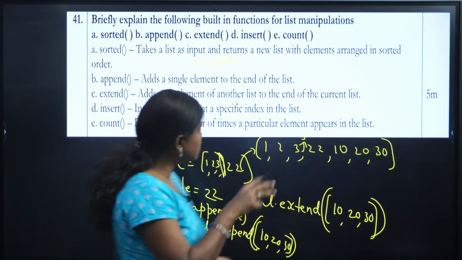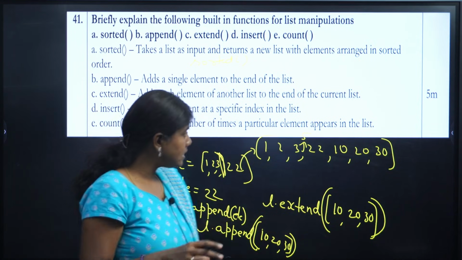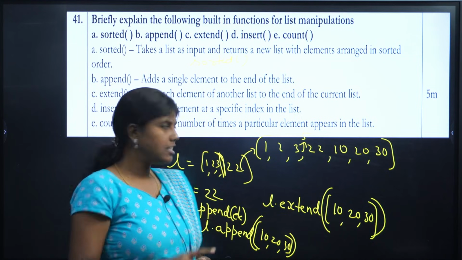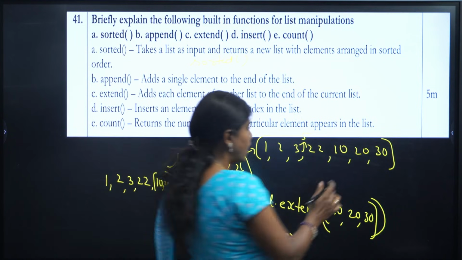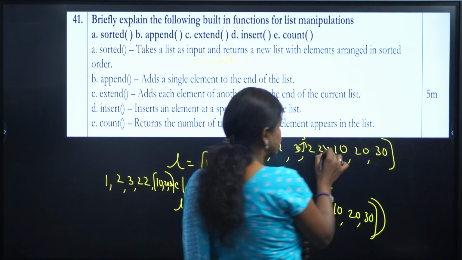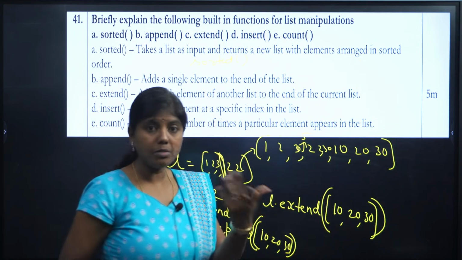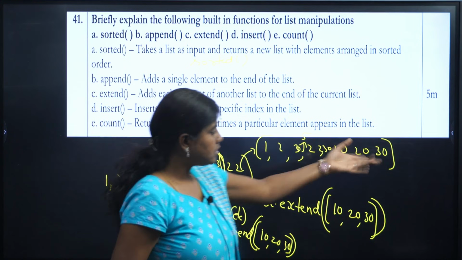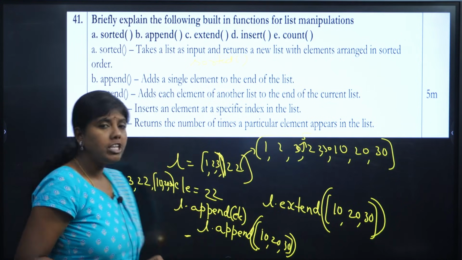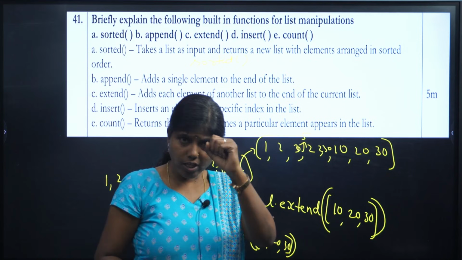What about count? It returns the number of times an element appears in the list. Let's consider an example. I just want to find out how many times 30 is present. 30 is present 3 times. If I check whether 50 is there or not, it's going to give 0.